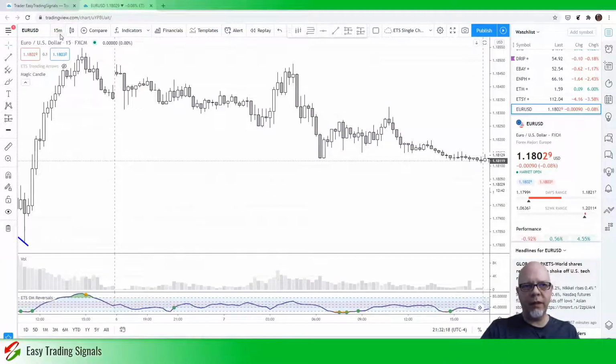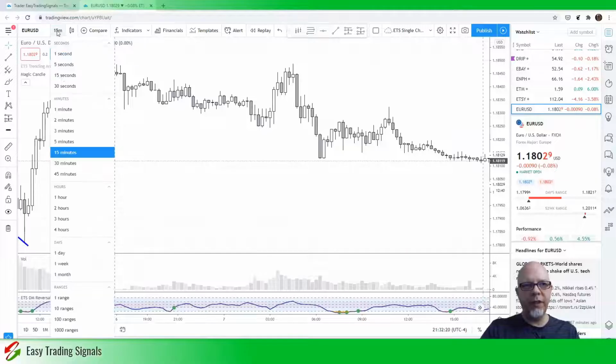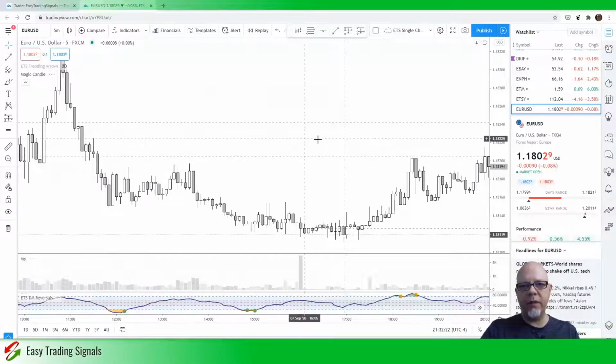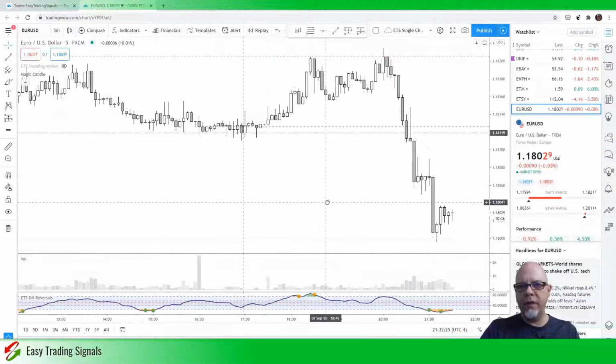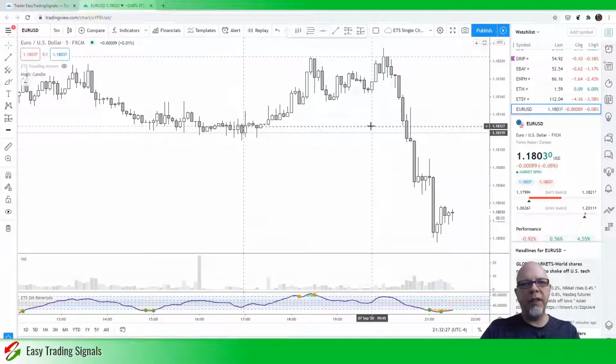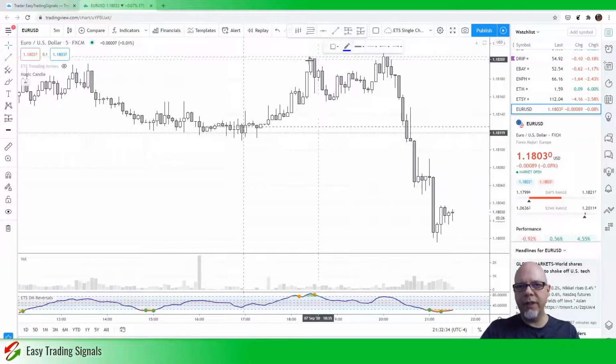So currently I have it on 15 minutes, but you can even use it on lower time frames. And in this particular case here we have another case of divergence, because we look at that, we look at this is higher, right?